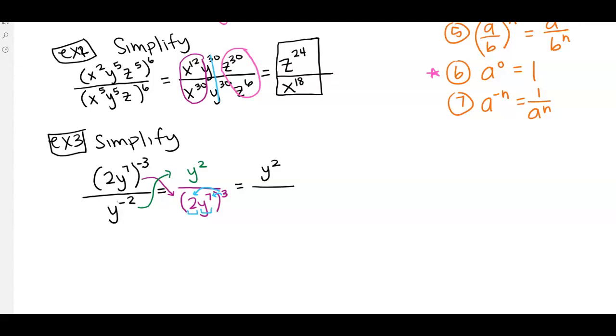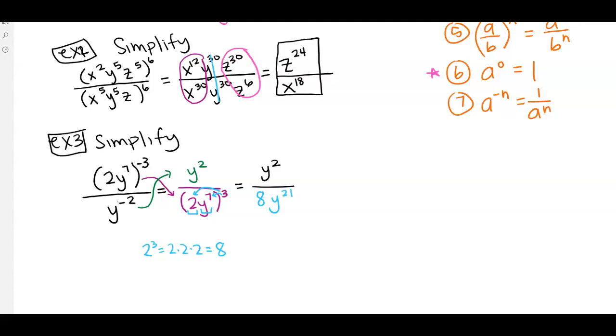So I'm really dealing with 2 to the third power, which is what? 2 times 2 times 2, so that's 8. So I get 8 on the bottom, and then y to the 7th all raised to the third power. A power raised to a power, so we multiply those: y to the 21st.